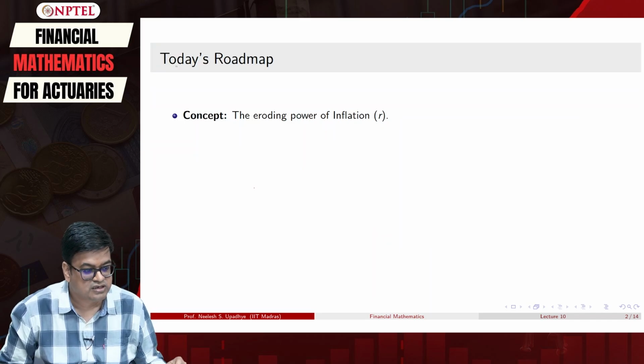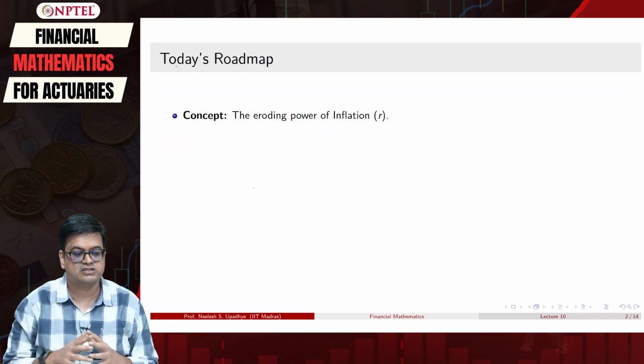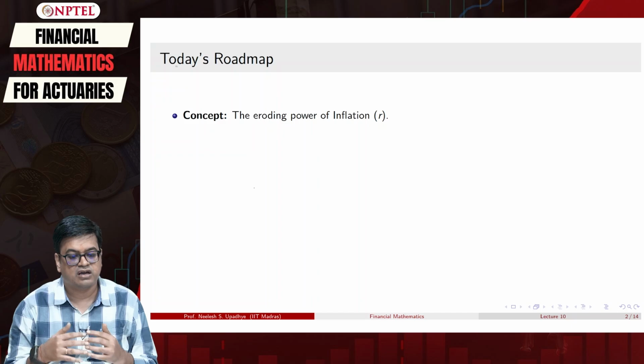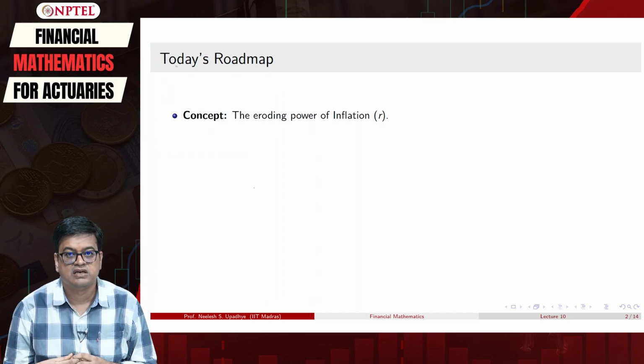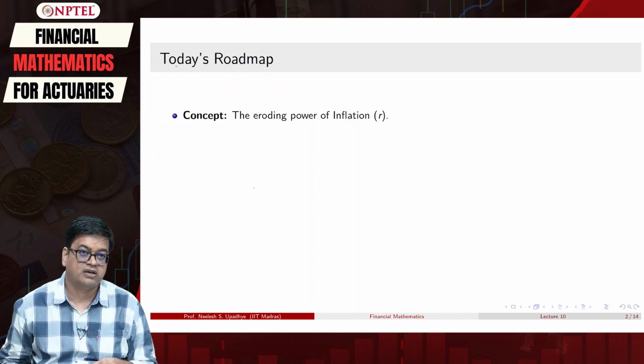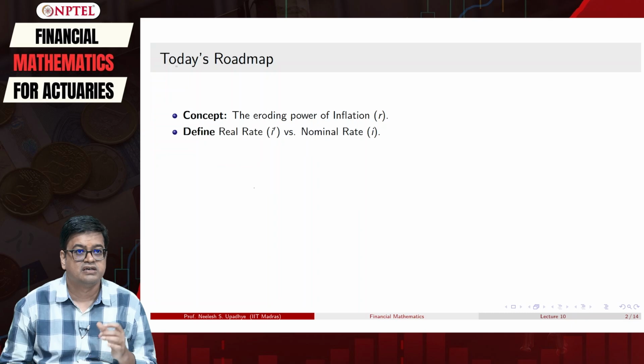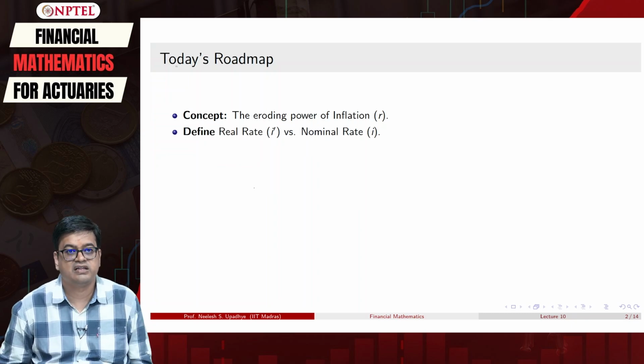So the goal of this class is to understand the eroding power of inflation, how your purchasing power is affected by it. In order to do that, we are going to define a new concept called the real rate.